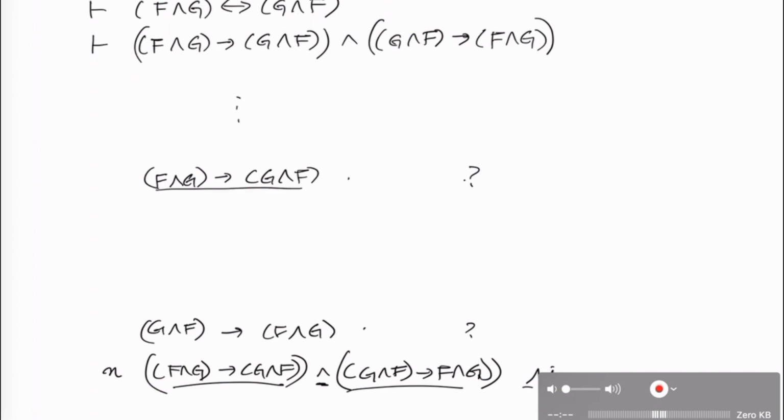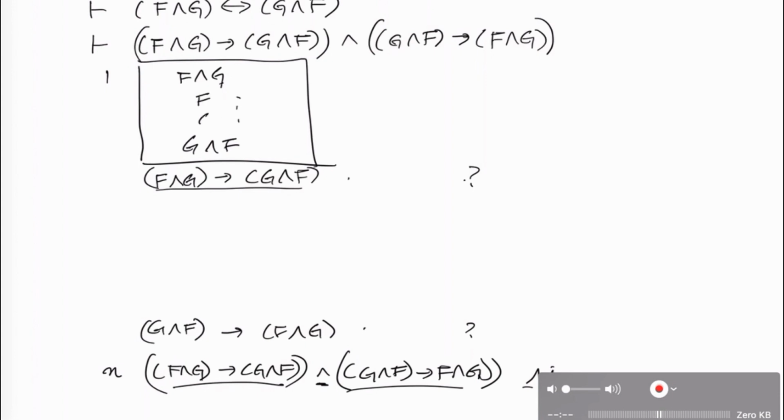Okay, again, try to look at the simplified goal. Now, if you look at this goal, this is again implication format. So our proof strategy is to assume f and g and try to derive g and f. So this is line 1. Okay, how can we do that? Well, this is actually easy. From f and g, we can derive g and f.